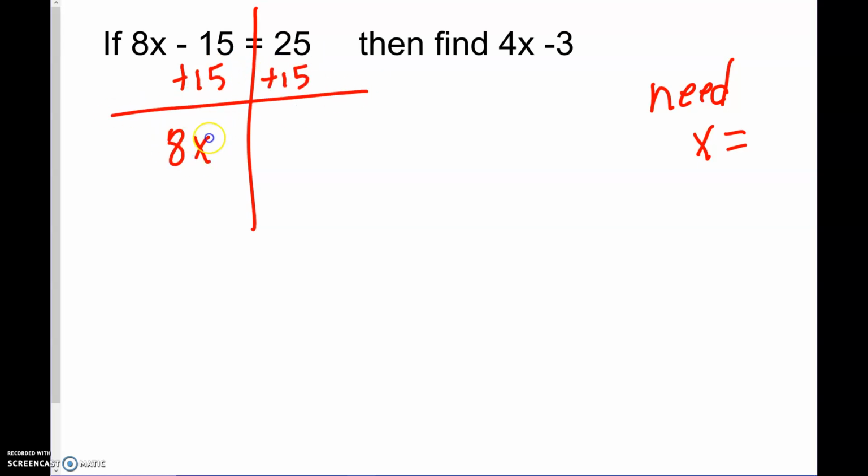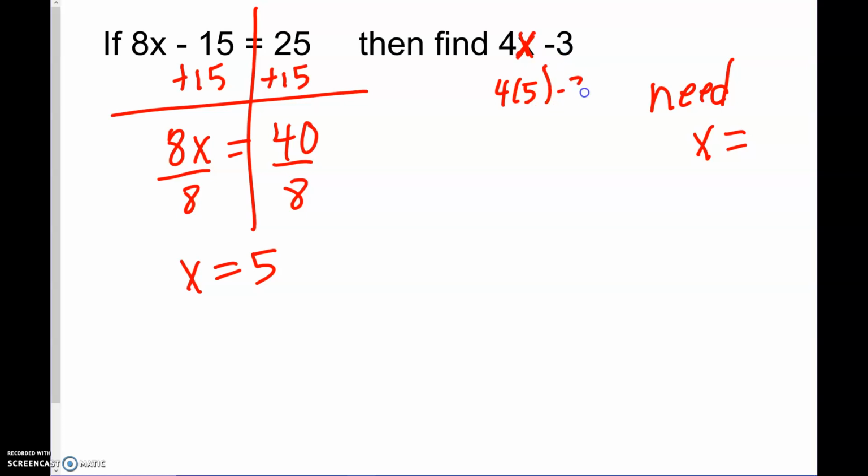So 8x equals, and I believe that's 40. That says 8 times x. The opposite of times is divide. So x is 5. Now that we know x is 5, we're going to replace this x with a 5. So we have 20 minus 3. So 17 is the final answer they are looking for.